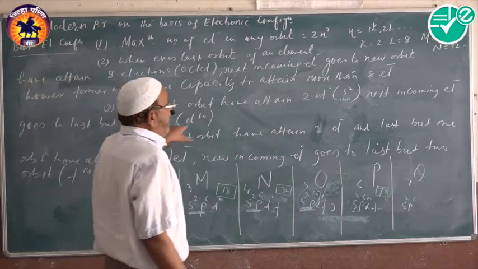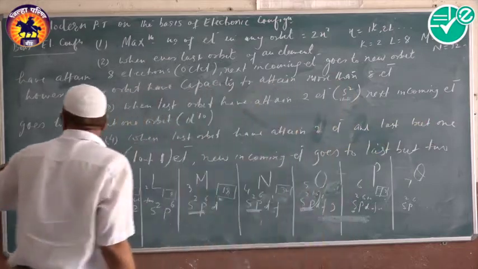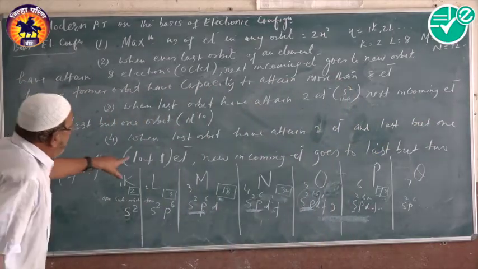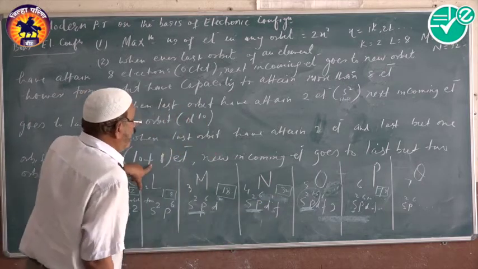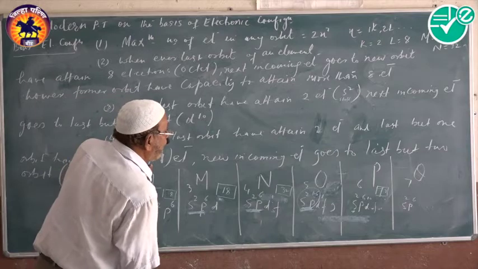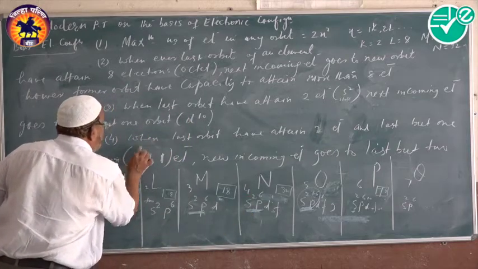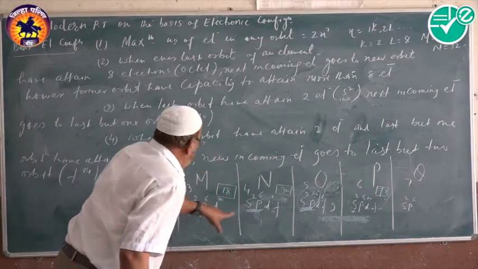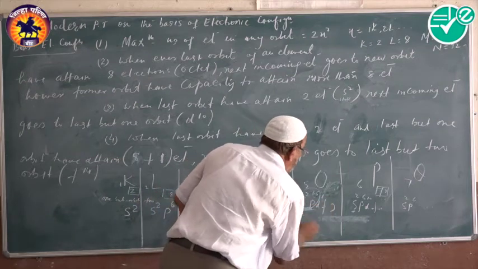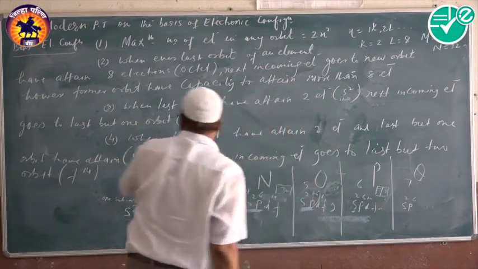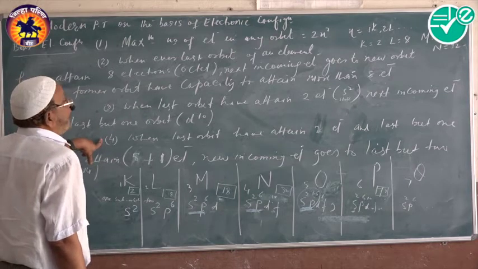When the last orbit has attained 2 electrons and the one before has attained 8 plus 1, the new incoming electron goes to the F suborbit. This is the rule for filling of electrons in suborbit F.